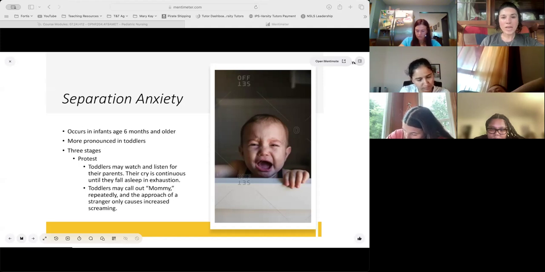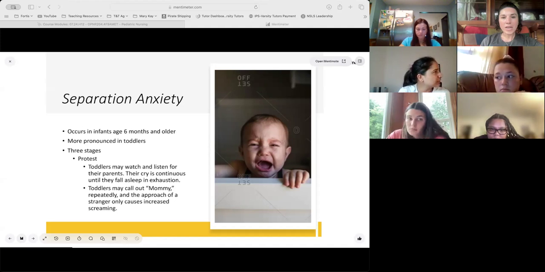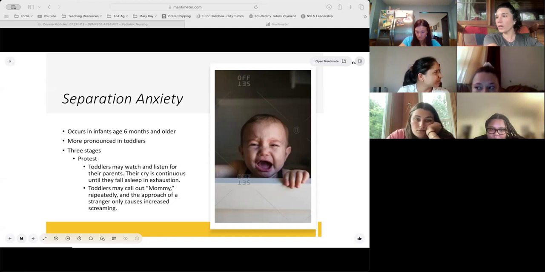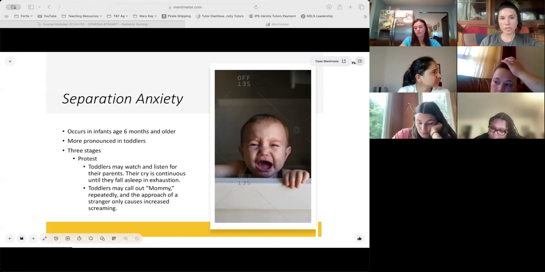We can help them move through this stage by providing those consistent caregivers. So we have someone outside of the family that they have a trusting relationship with. We can do short goodbye rituals. Remember, we talked about, especially with our toddlers, that ritualism is super important for their sense of security. And then we can use distraction to help get them engaged with something else.